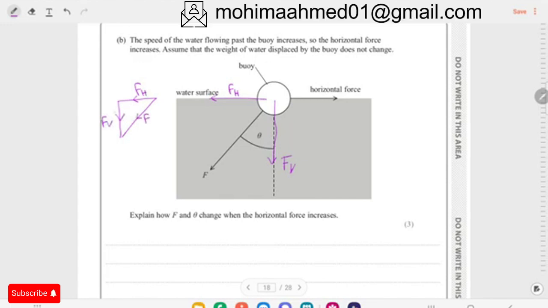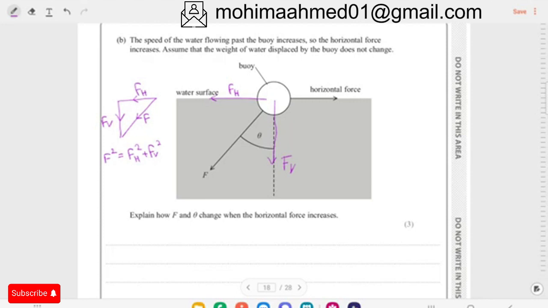As this creates a right angle triangle, we can use the Pythagoras theorem, which indicates that as the vertical component of the force is constant, if the horizontal component increases, the value for F should increase because they are directly proportional, right?